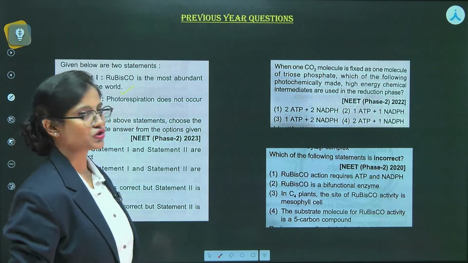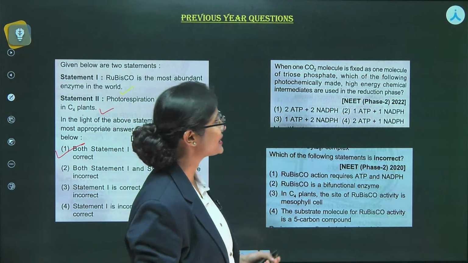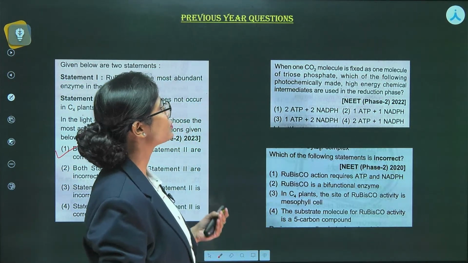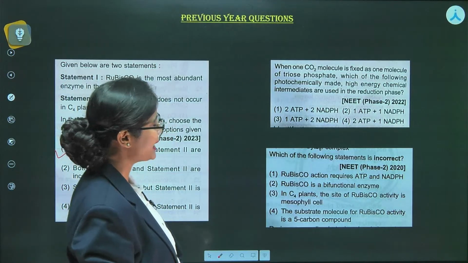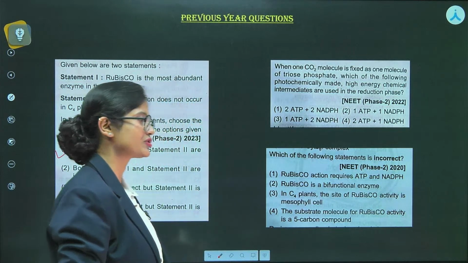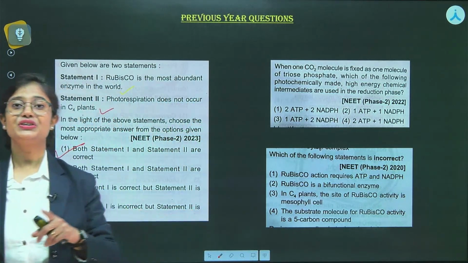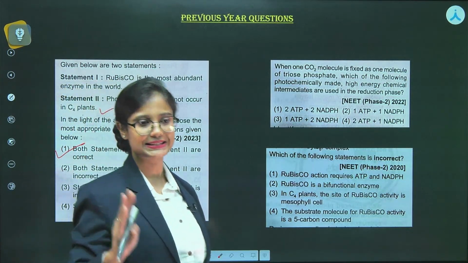Now next question which says when one CO2 molecule is fixed as one molecule of triose phosphate, which of the following photochemically made high energy chemical intermediates are used in the reduction step? जैसा कि हमने C3 pathway और Calvin cycle में देखा था that it consists of 3 steps.